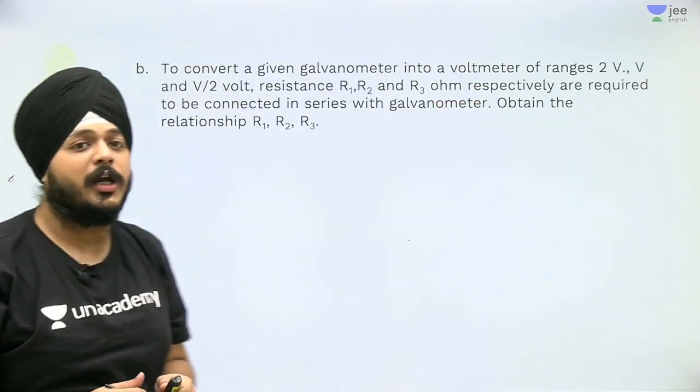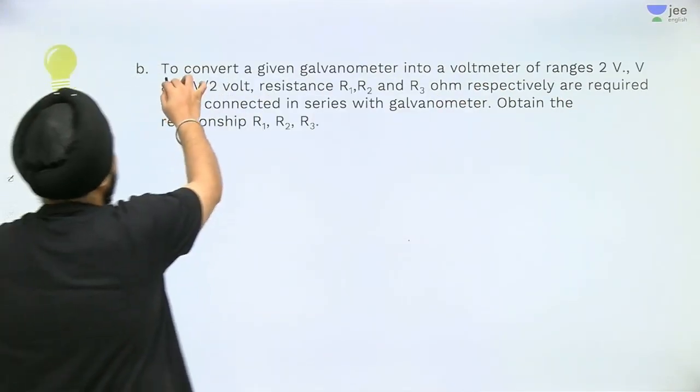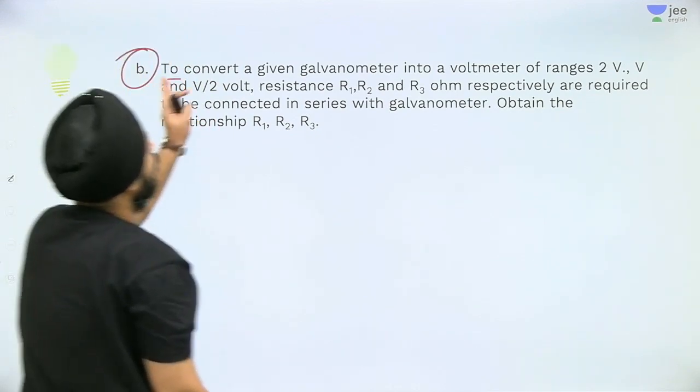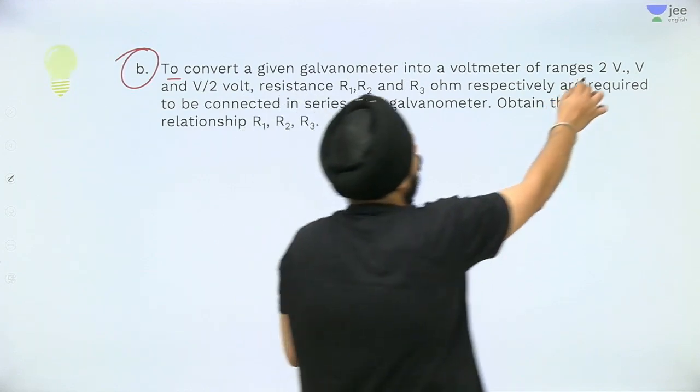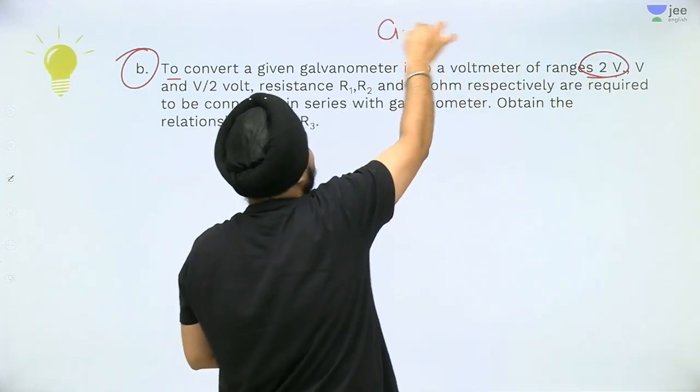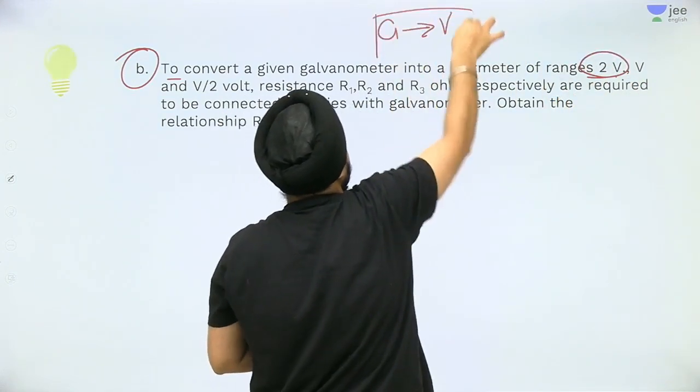The important question is this one. To convert a given galvanometer into a voltmeter of range 2 volt, we have to convert the galvanometer into the voltmeter.